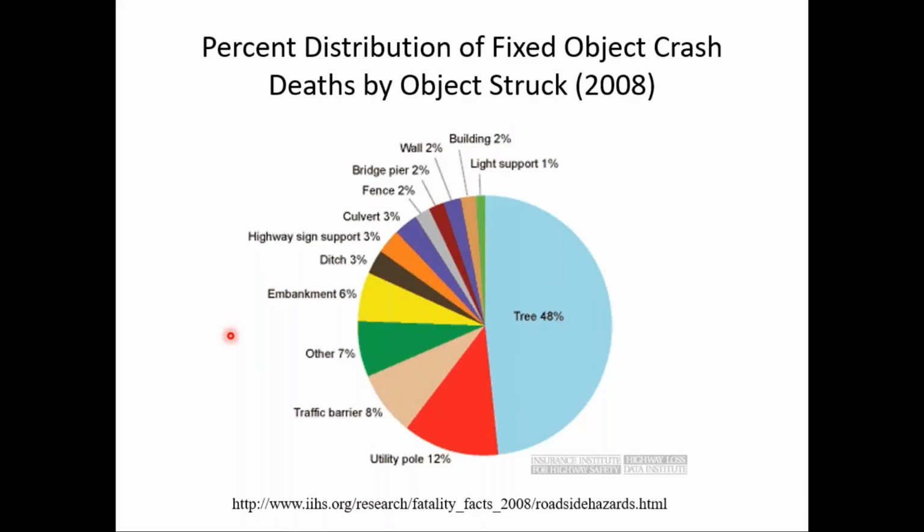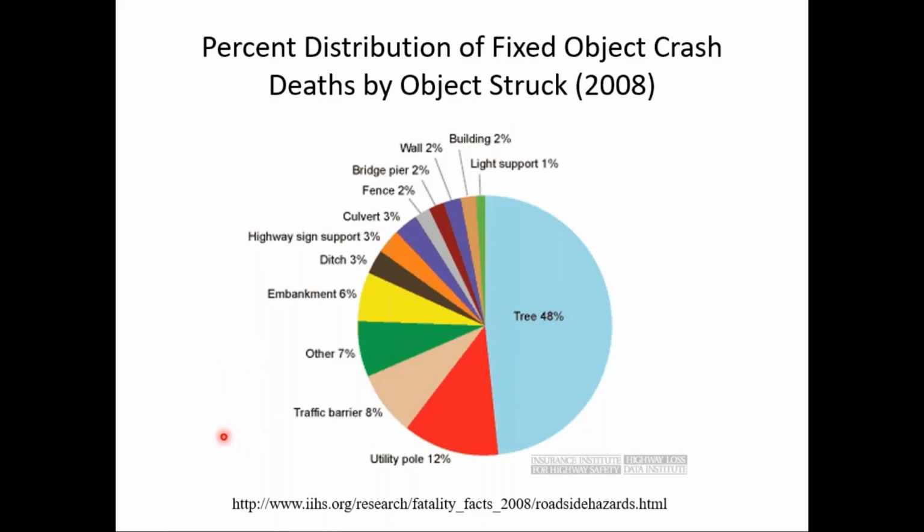But probably the big two in the United States generally are trees and utility poles. Although again, it depends. Last week I taught a class for Nevada LTAP, and we were talking about roadside safety. Many of the participants were from the high desert of eastern Nevada, where they don't have many trees.